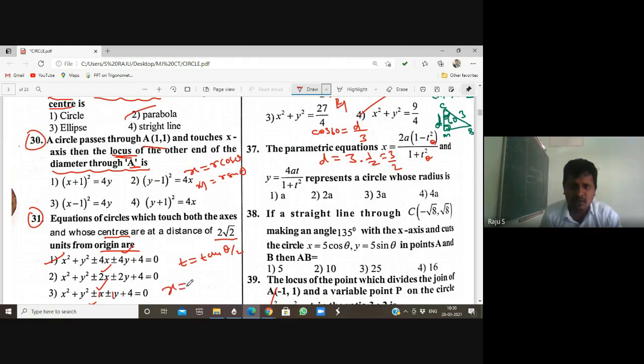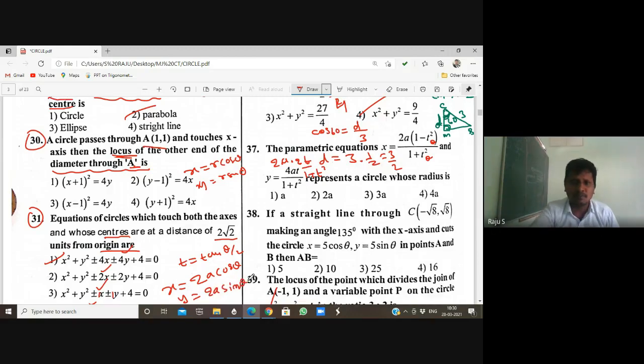We are going to get cos theta, not cos 2 theta. So 2a cos theta, that is the x value. The y value, when I substitute t is equal to tan theta by 2, can be written as 2a into 2t by 1 plus t square, nothing but 2 tan theta by 1 plus tan square, which is 2a into sin theta.